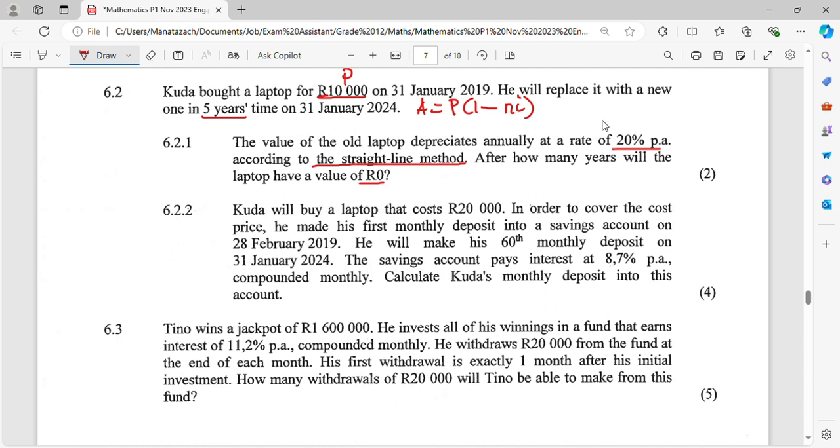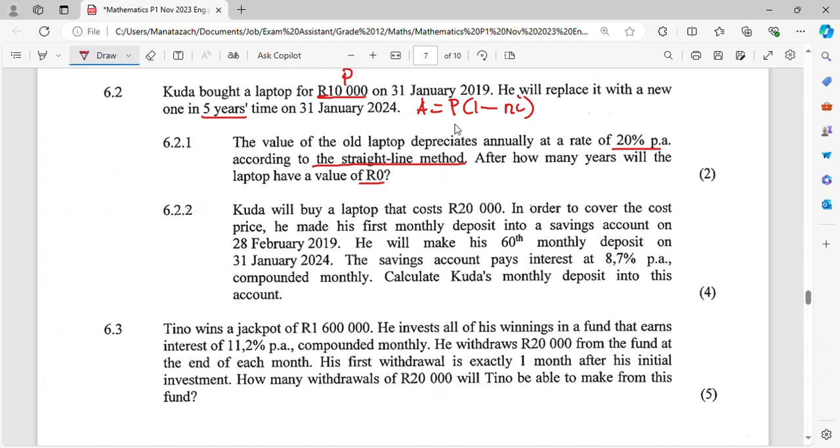If it was a reducing balance method, which other questions maybe you'll come across, you would have used this formula here. In fact, that's not going to be a plus, it's always going to be a minus, since it's a depreciation, meaning the value is being reduced. So this would have been the formula if the question was asking us to use a reducing balance method. But today we're going to be using this formula since it's just a straightforward straight line method.